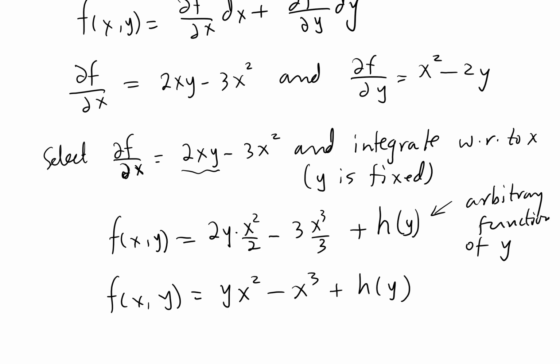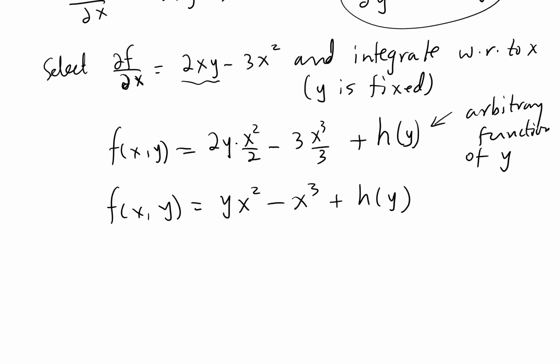But we need to find what h of y is to finish up the function f. And to do so, we are going to look at the second part, which is this one we haven't used. We write that down. Partial f partial y was x squared minus 2y.